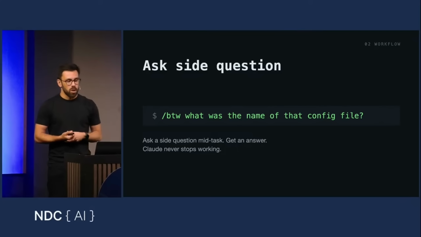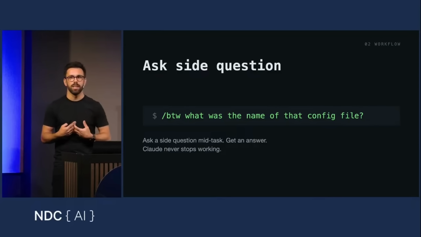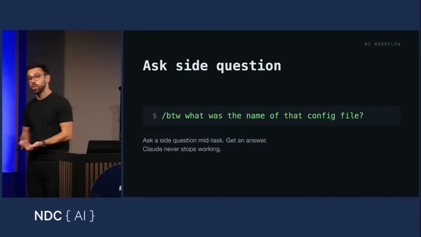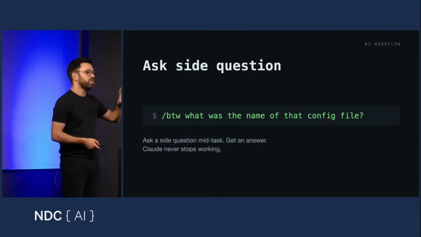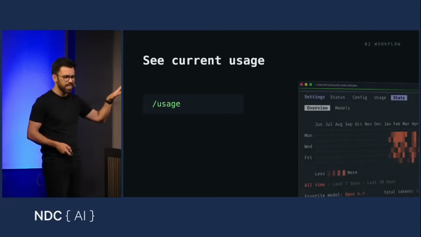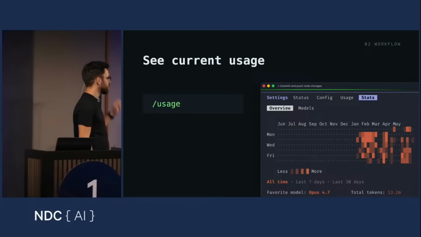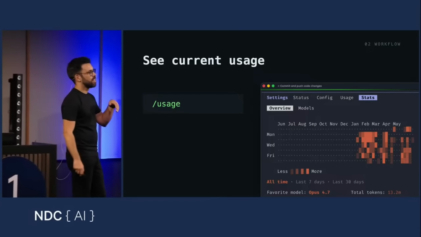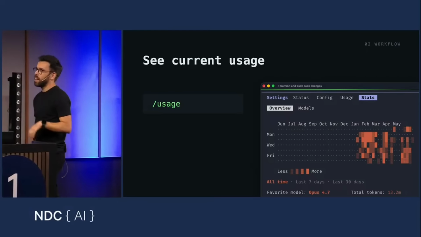Now we need to talk about cost, right? And I will show you this because this has a ton of information that can be useful to understand how you use Claude, and also because it's awesome when you do an end-of-year review and you want to post on LinkedIn. You can use the slash usage, and you'll get a graphic like this, where you can see the model that you use the most, and when you use the model the most.